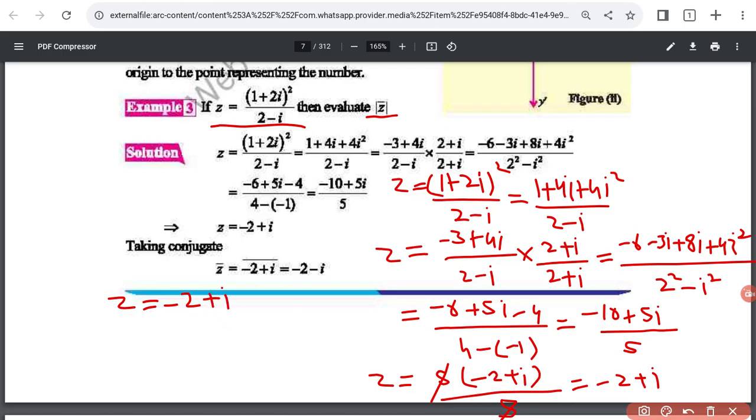Then taking the conjugate, z bar is equal to the conjugate of minus 2 plus iota. So when we take the conjugate of this one, it will become minus 2 minus iota.